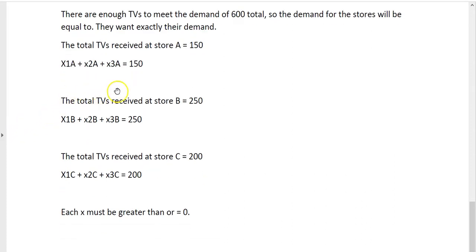The total TVs received at store B equals 250, so 1B, 2B, and 3B equals 250. The total TVs received at store C equals 200, so 1C, 2C, and 3C added up together equals 200.